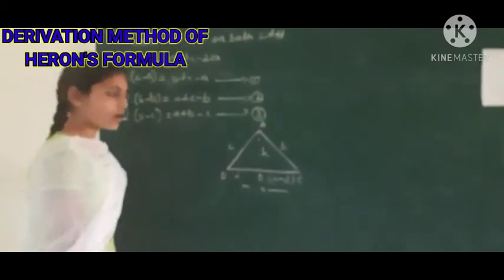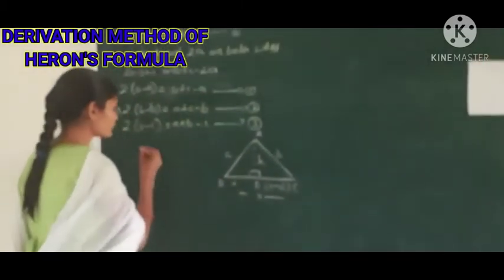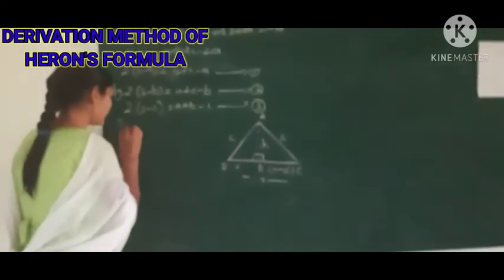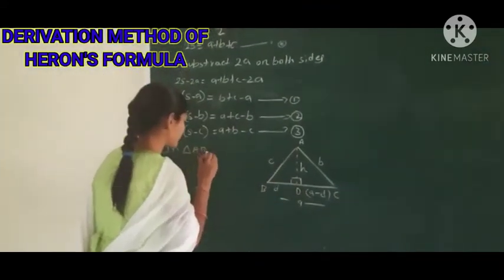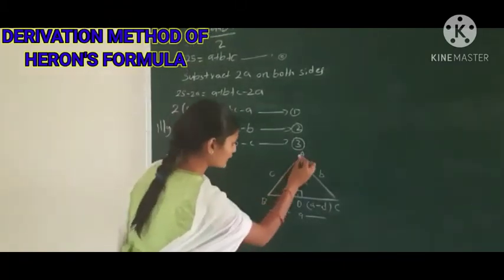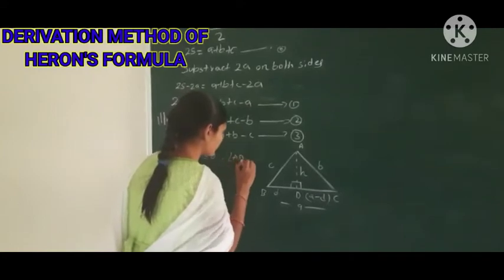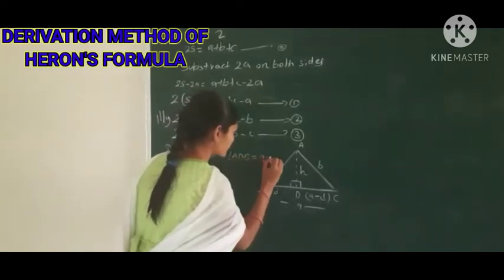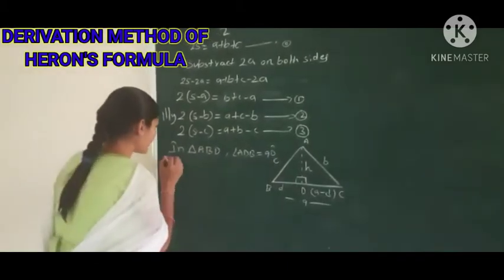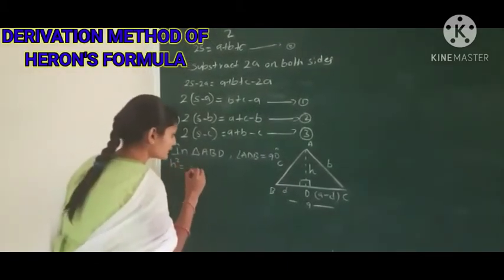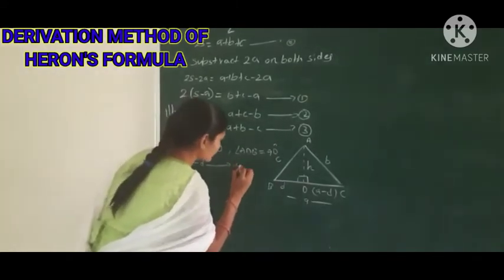After we draw, we get two right angle triangles, so we take one triangle, triangle ABD. Here angle ADB is equal to 90 degrees. And here using Pythagoras theorem, h square is equal to c square minus d square. It is equation 4.